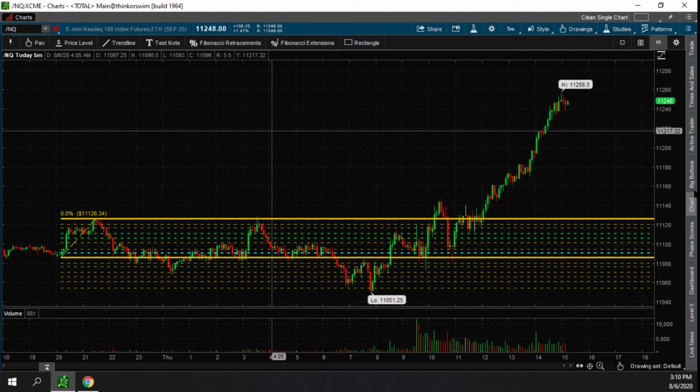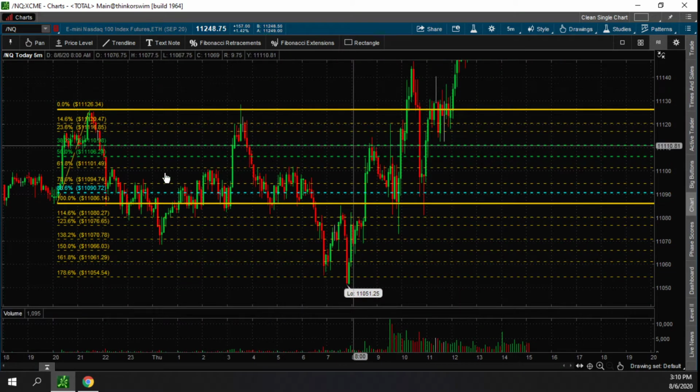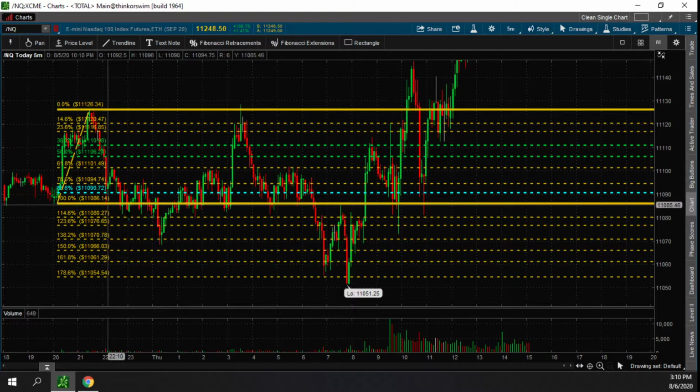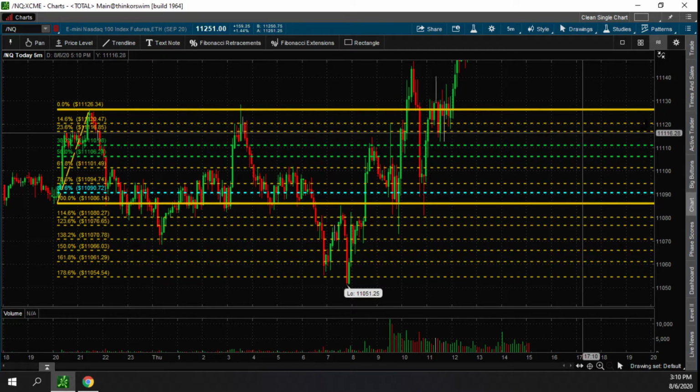This is if you're bearish. If you took the pullback here at 10 o'clock, which was the 100%, as you see, it touched the 1786 and then recovered back.